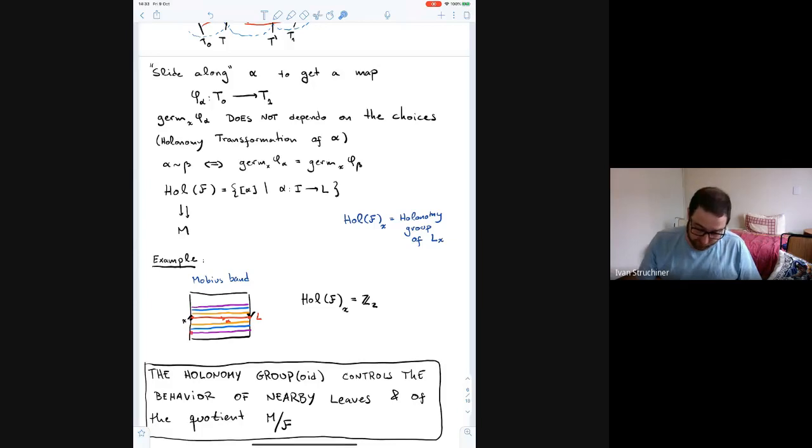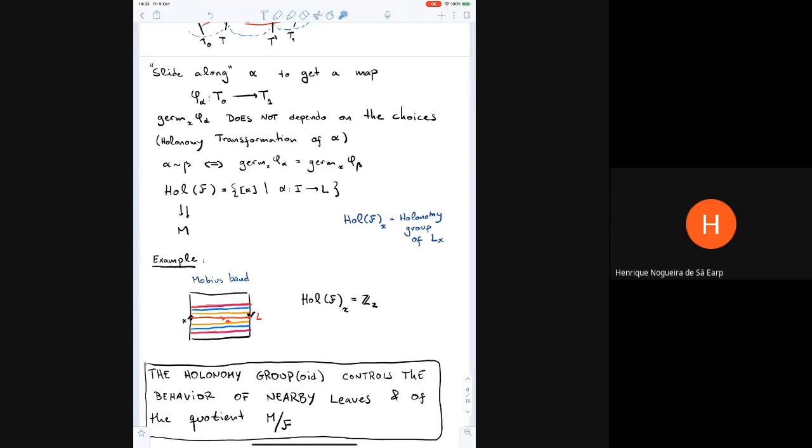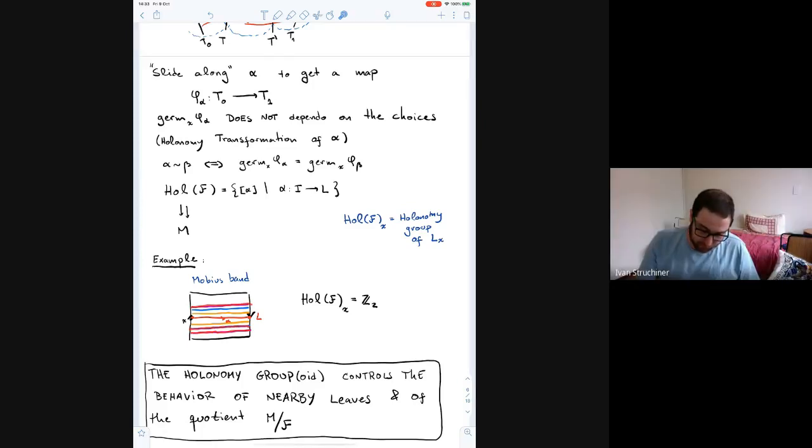But if you take the path which goes around and closes again, you see that the neighboring paths will do exactly the same thing, right? So the holonomy transformations for the other paths will always be the identity map. So this one has non-trivial holonomy only along this leaf, and all the other holonomies are trivial.